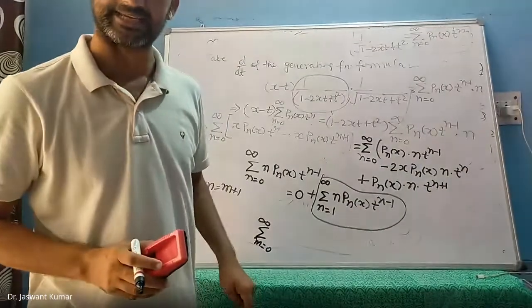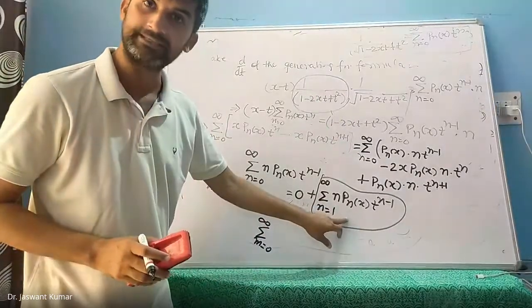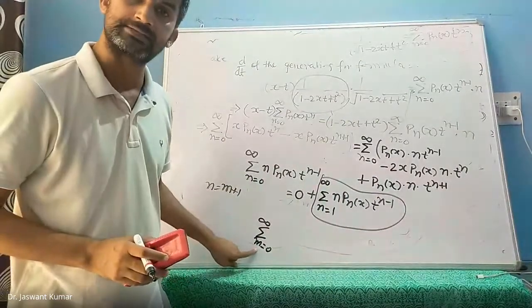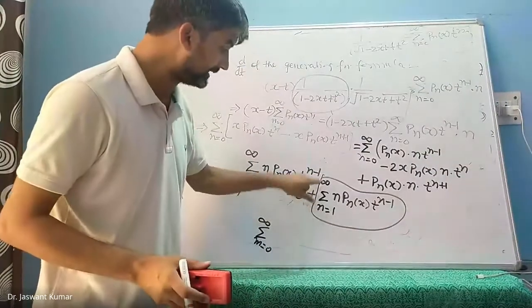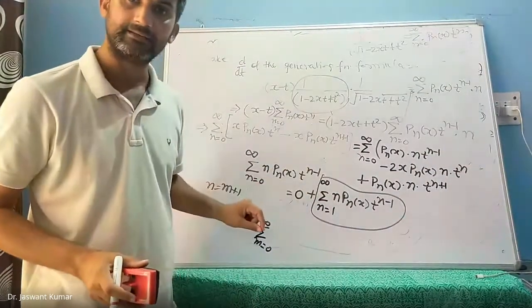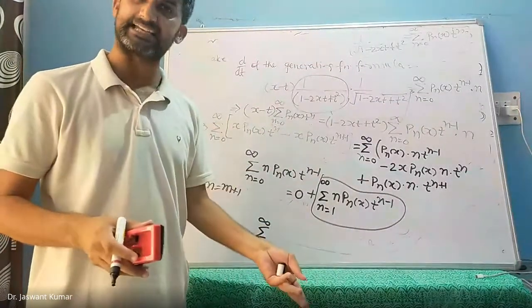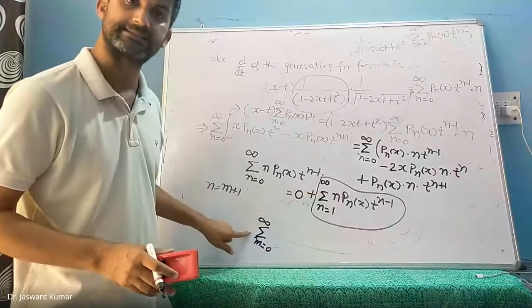So m plus 1 equal to 1, the initial point, implies m equal to 0. The final point, m plus 1 equal to infinity, is the same as m equal to infinity. So this summation symbol gets converted to this symbol.